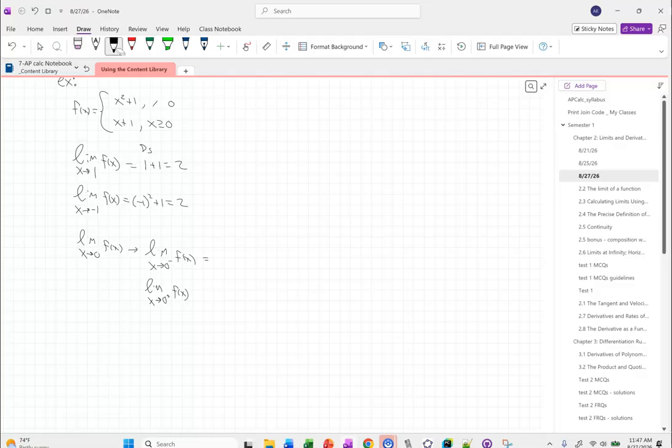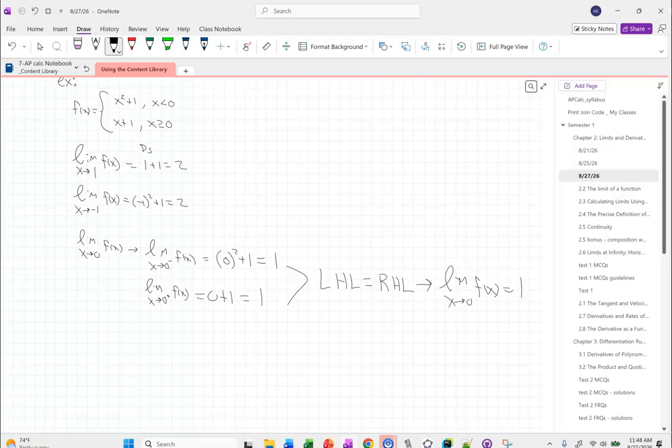The quadratic, because that's when x is less than 0. So I can do a direct substitution into the quadratic piece. The right-hand limit is going to be talking about the linear piece. So again, I can do a direct substitution into the linear piece. What do you notice? They are the same. So the overall limit is just 1.